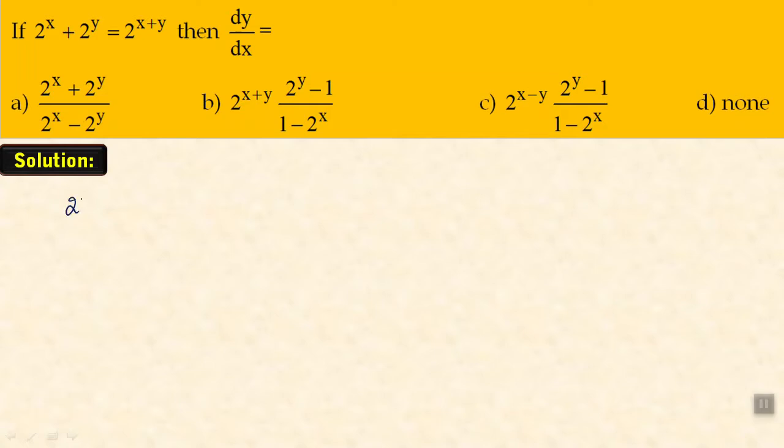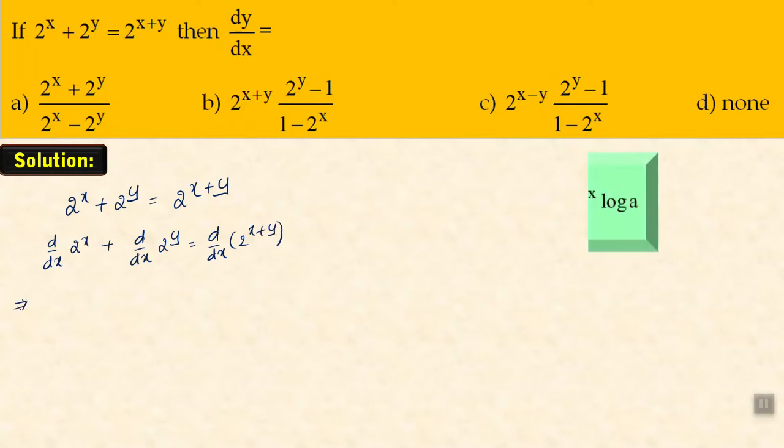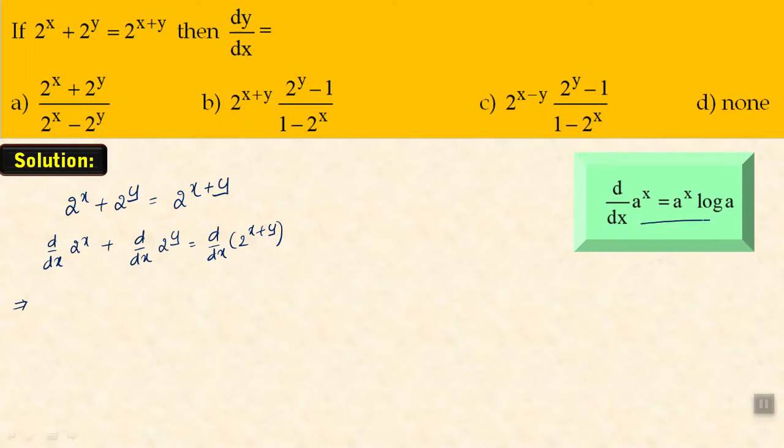Given 2 power x plus 2 power y is equals to 2 power x plus y. Now differentiating with respect to x on both sides, d by dx of 2 power x plus d by dx of 2 power y is equals to d by dx of 2 power x plus y. This implies we know that d by dx of a power x is equals to a power x into log a.